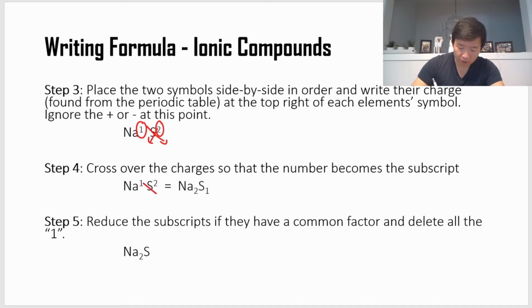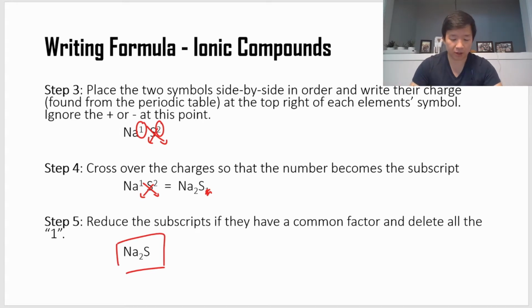The 1 becomes the subscript behind the S, and the 2 becomes the subscript behind the Na. So here we have Na2S1. Step 5, reduce the subscripts if they have a common factor, and delete all the 1s. And so the final answer is Na2S.